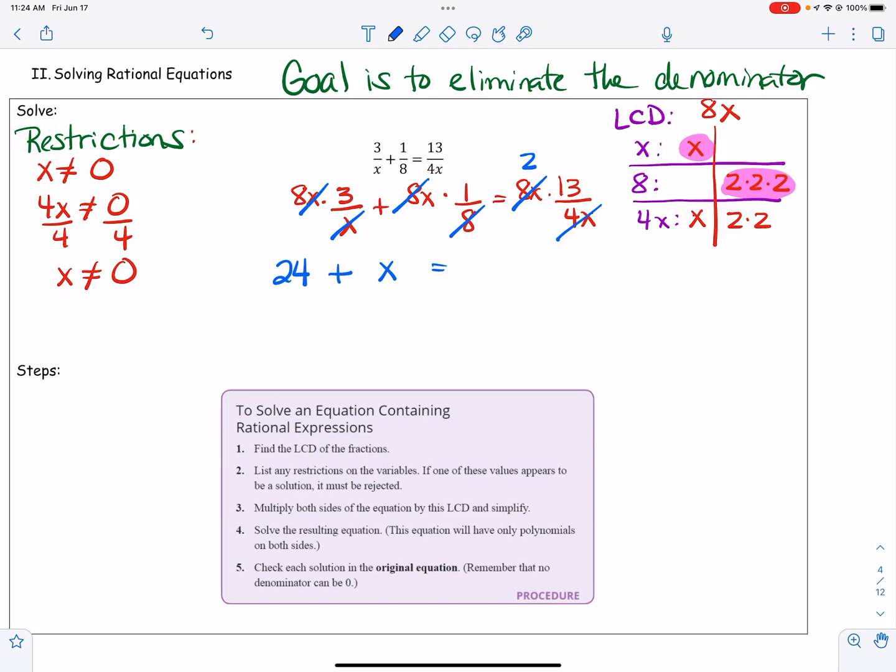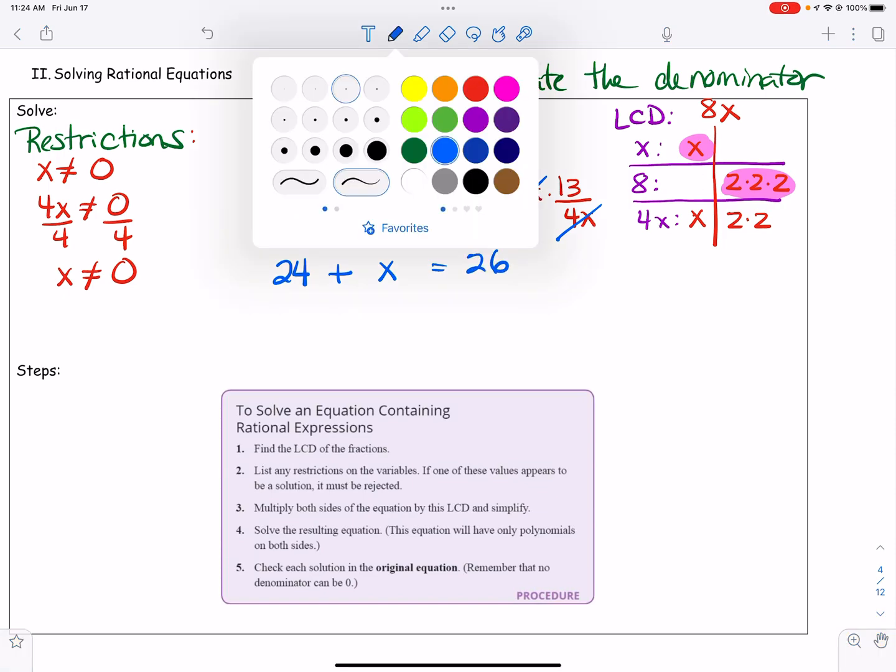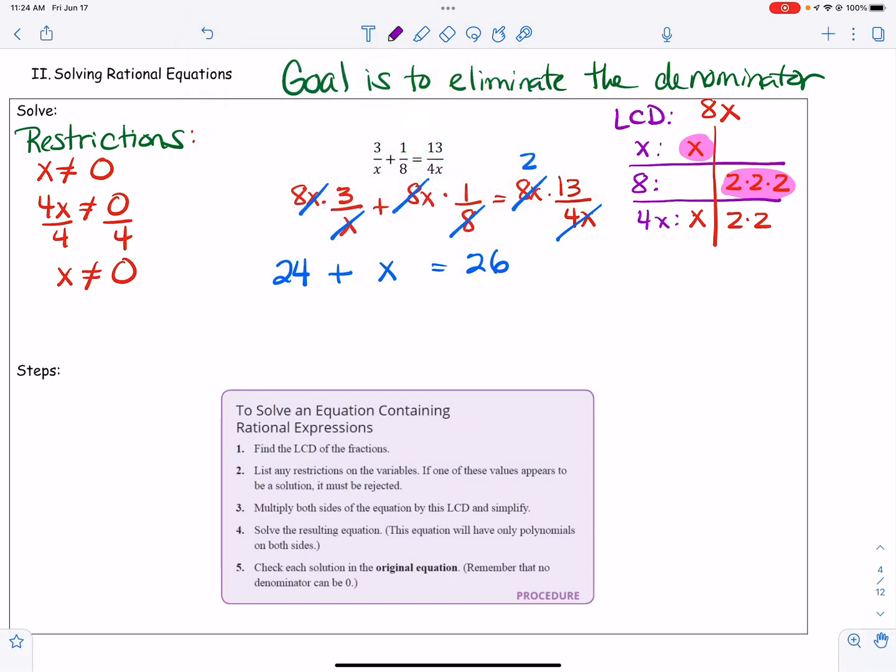So now I have 2 times 13, which is 26. Then I just have a regular linear equation that I solve by subtracting 24, and so x comes out to be 2. And since 2 is not a restriction, this is my actual solution.